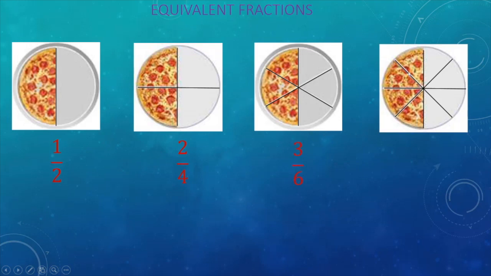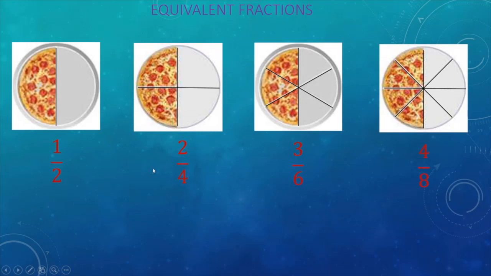And the last pizza has 4 slices out of a total of 8. So all our fractions have different numerators and denominators. But as you can see in the pictures, the amount of pizza is the same. So they have the same value.